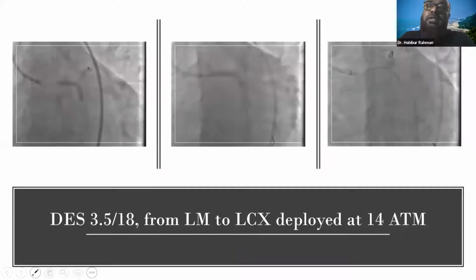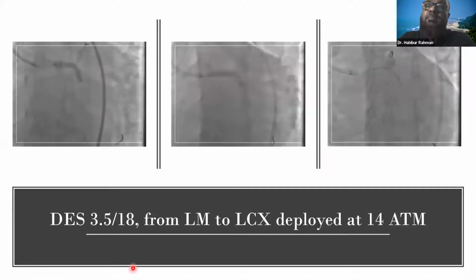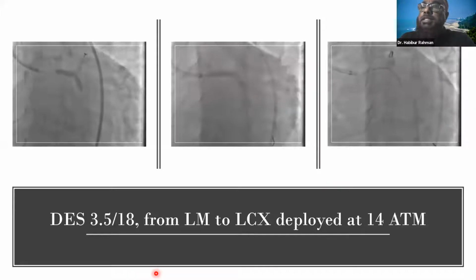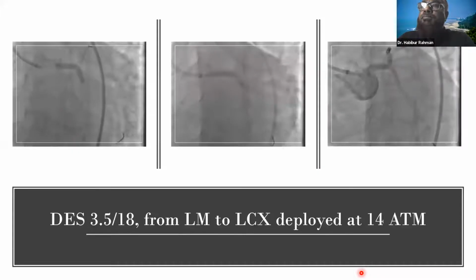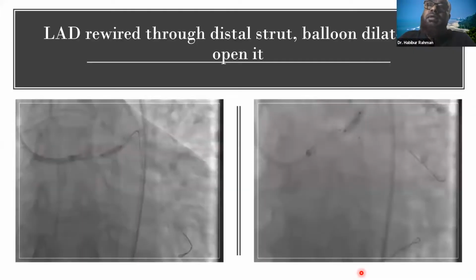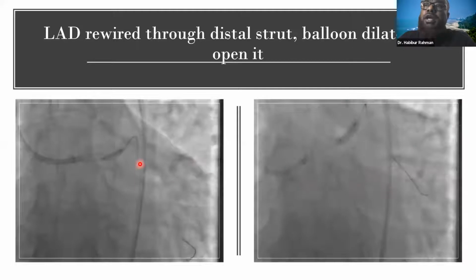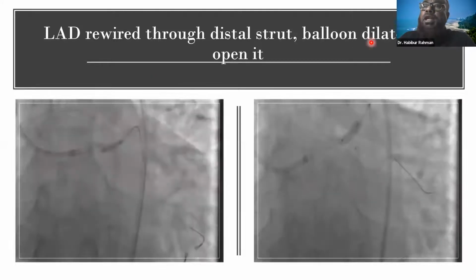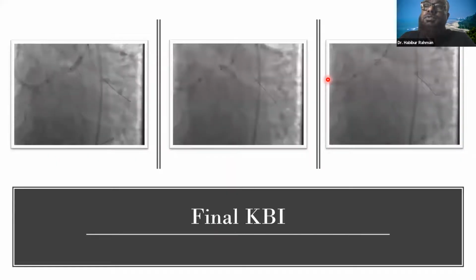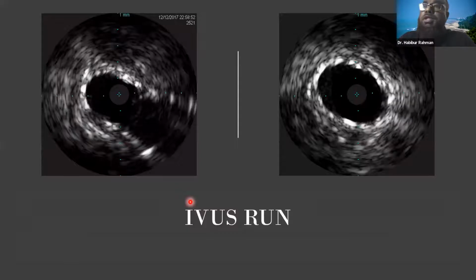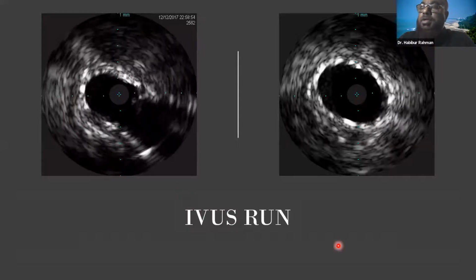So now another DES 3.5 by 18 from left main to LCX deployed at 14 atmosphere. Now the LAD is rewired through the distal strut again and balloon dilatation done to open the strut, and final kissing balloon angioplasty done, and checked with IVUS for result optimization.